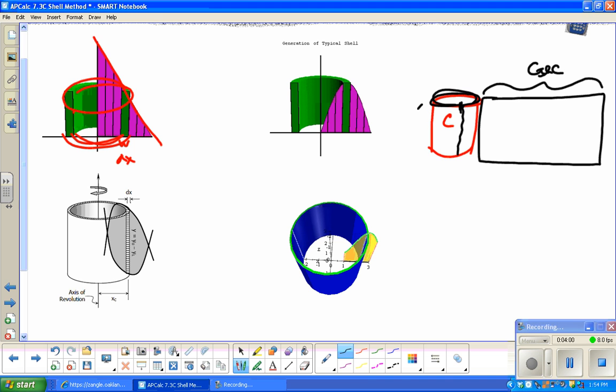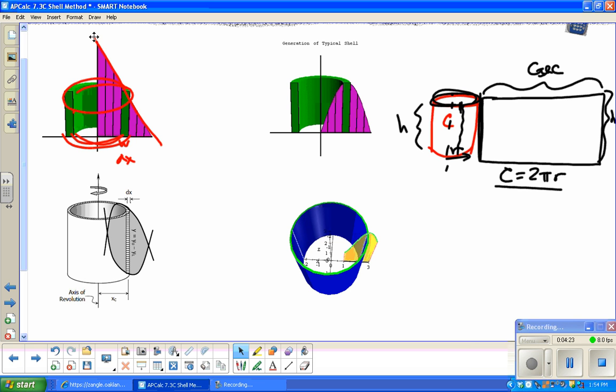And then the height of whatever that can or shell is, that's going to be the height of that label. Circumference you already know is 2 pi r. So whatever that radius is, the circumference is 2 pi r, and then the height depends on what the function is.